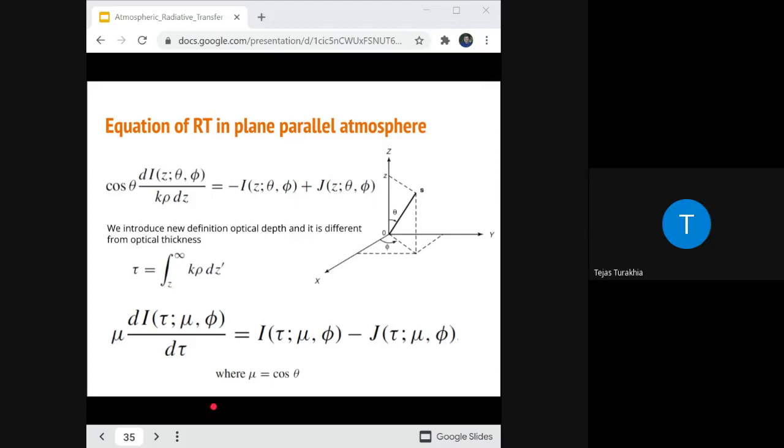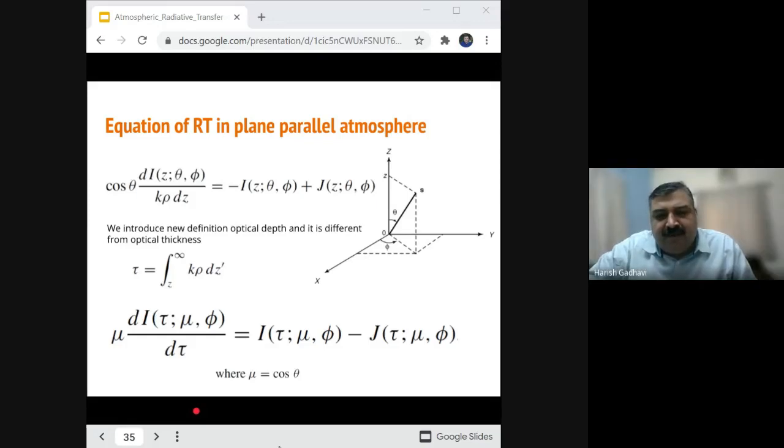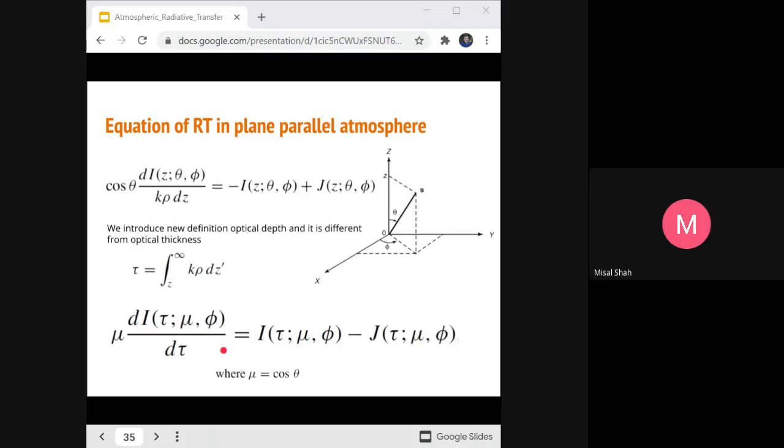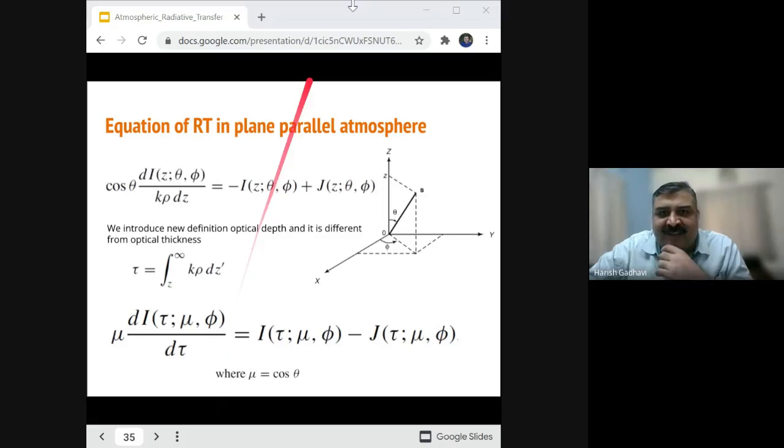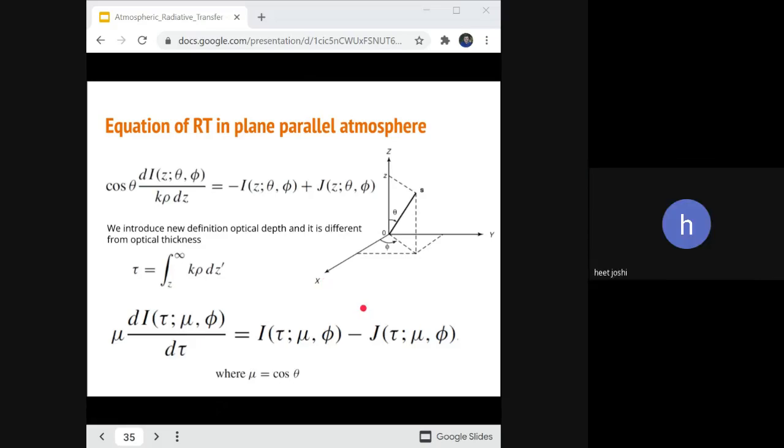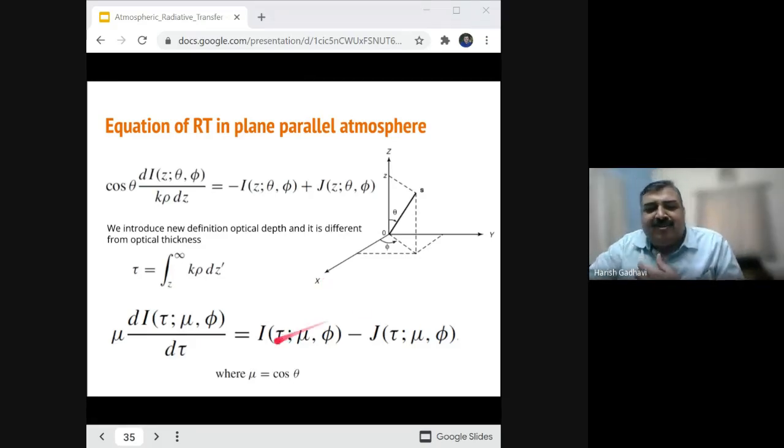Yes, sir. How big can you see my screen? Are you able to see the Google Slides written at the bottom and number 35, or only the white part? We are able to see the whole screen, including the URL and all those things. Okay, good. Because if you can see the numbers, you can always tell which slide number we were on.